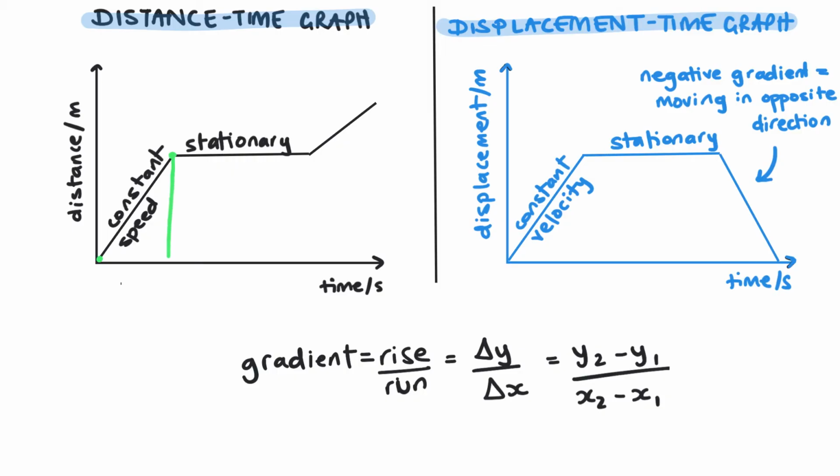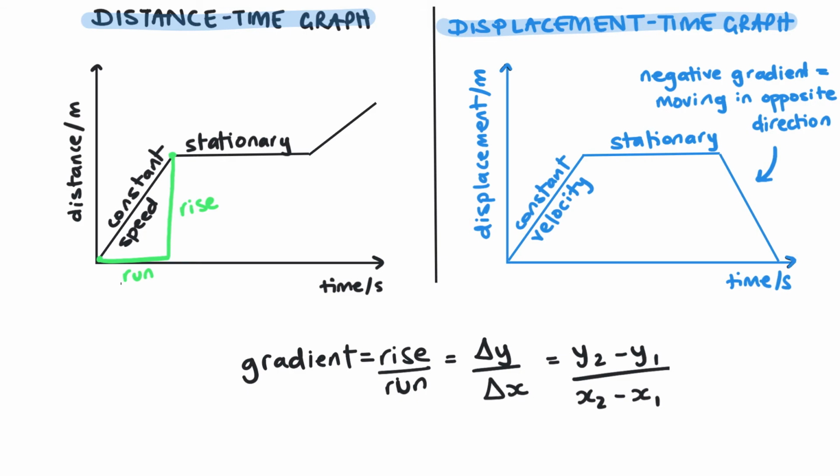The side of the triangle that is on the vertical side is what we call the rise, and the part of the triangle that's on the x direction is what we call the run. So using the scale that's on the graph, we can work out what the difference is along the y-axis and divide it by the difference along the x-axis, and that gives us the rise over run.